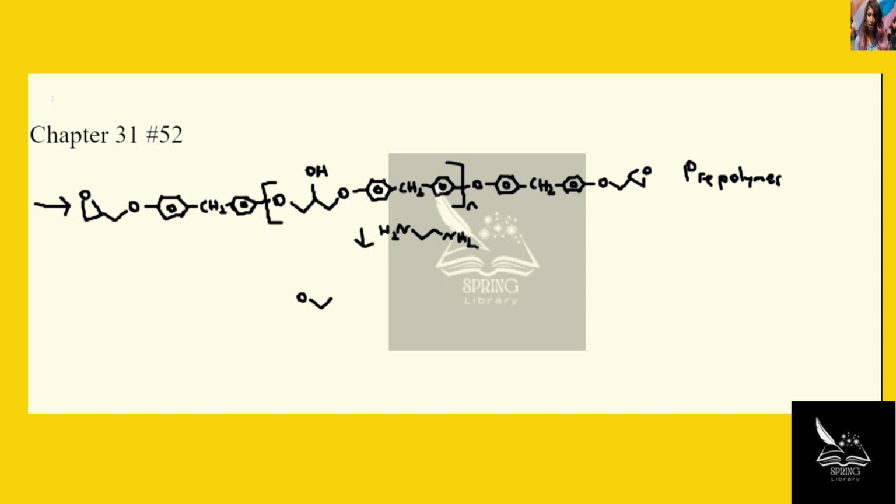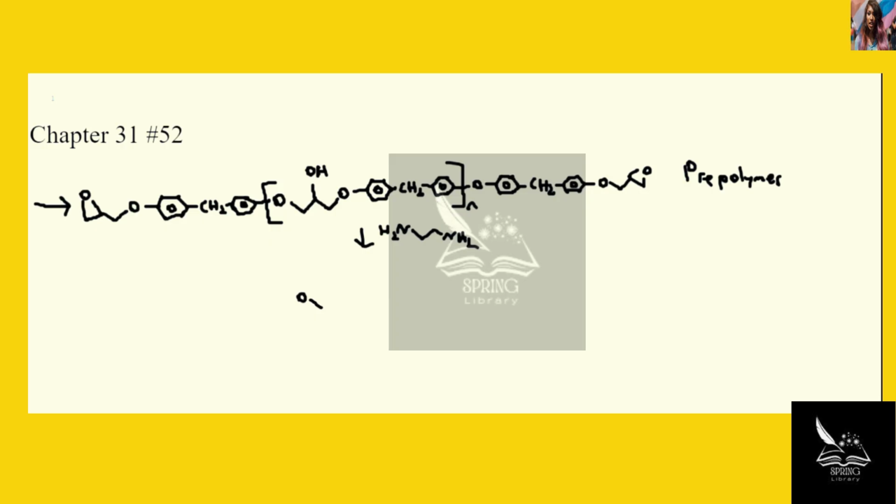And so we end up just joining prepolymer units that we made by these linkages of freshly opened epoxide to freshly opened epoxide. And so what that is going to look like is this.